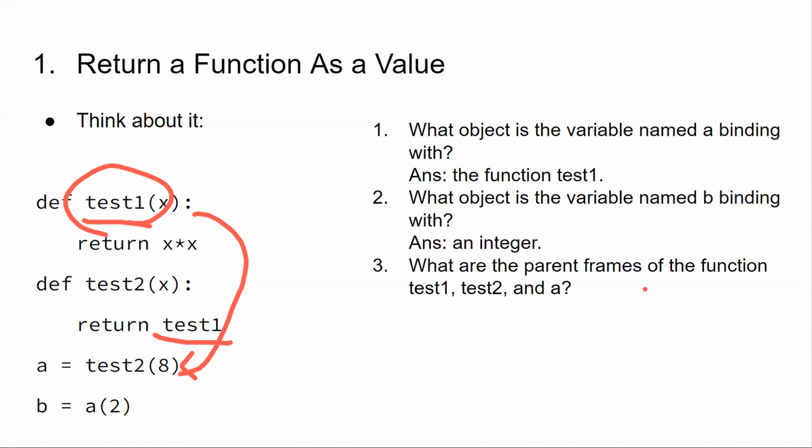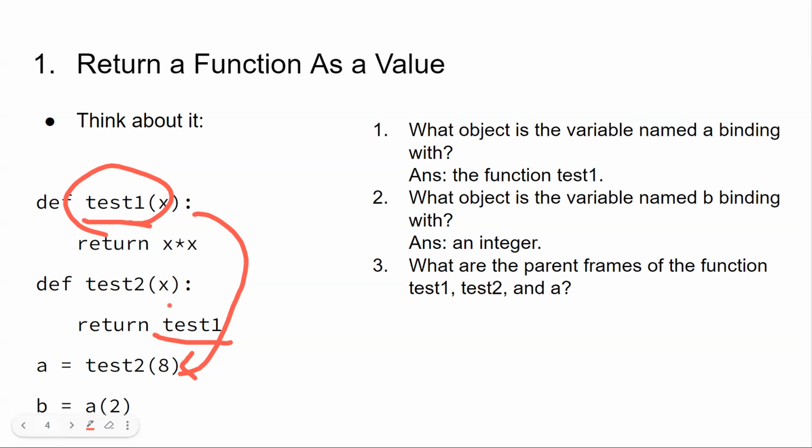So what are the parent frames of the functions test1, test2, and a? Because they're all functions, they must have their parent frames. So test1 is defined at the very outside frame, which is the global frame. So its parent frame is the global frame, and test2 same. And what about a? a is test1.